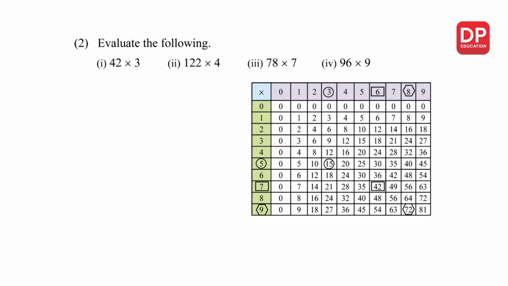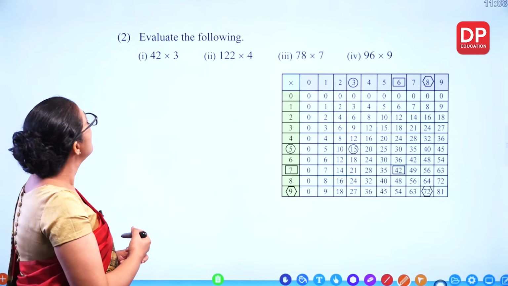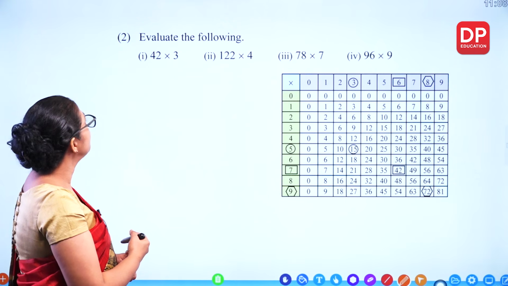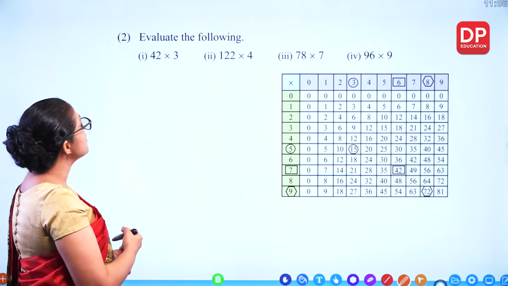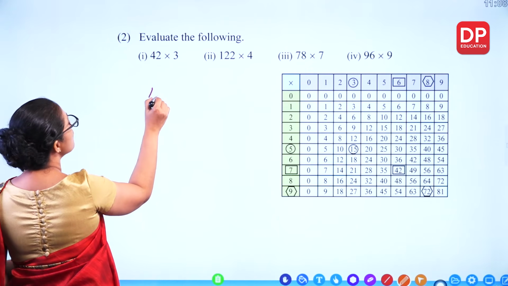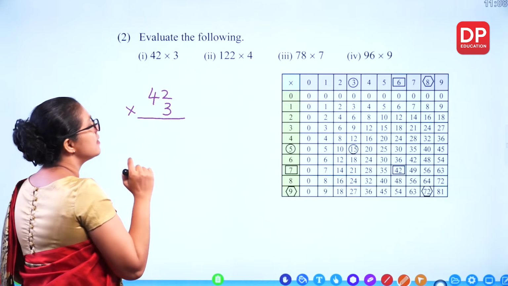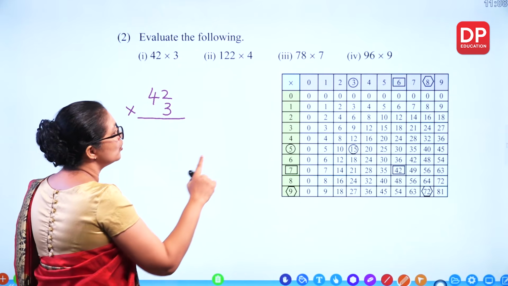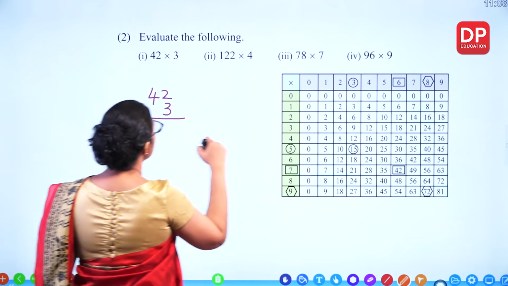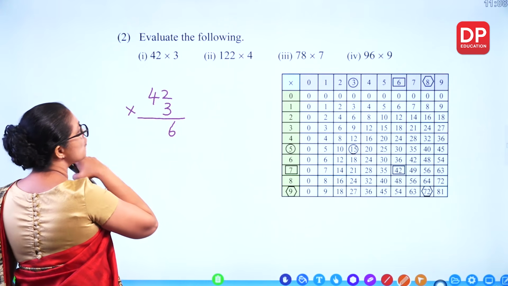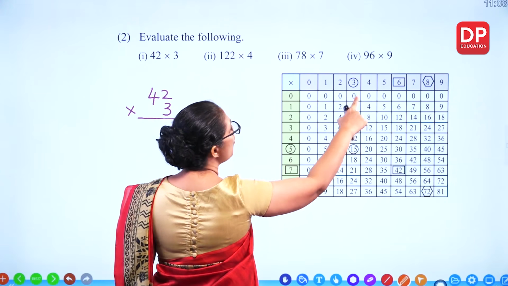Evaluate the following. So we can use the multiplication table. 42 times 3. So we can multiply like this. So 3 times 2, 6. 3 times 4, 12.